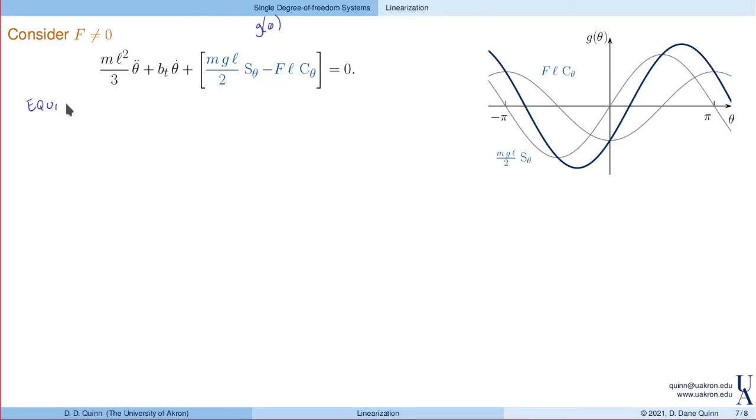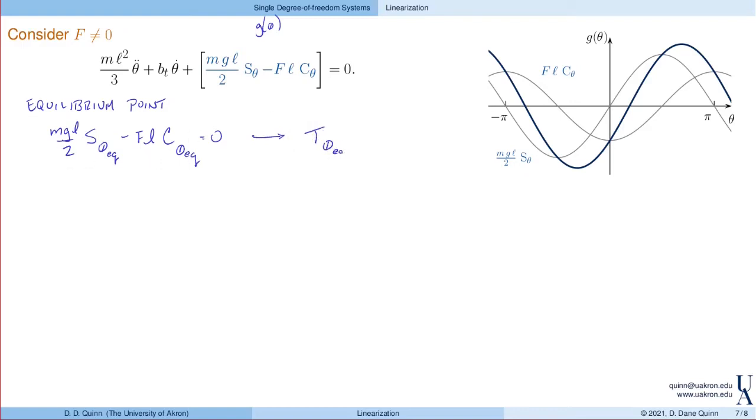So for the equilibrium points, well, they have to satisfy mgl over 2 sine of theta equilibrium minus f times l cosine of theta equilibrium equals 0. And fortunately, this is not so bad.